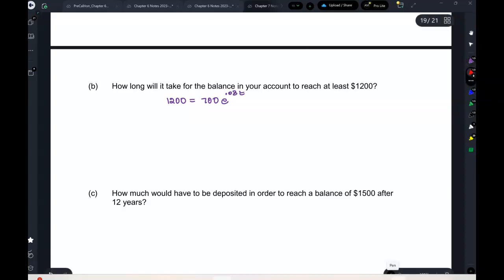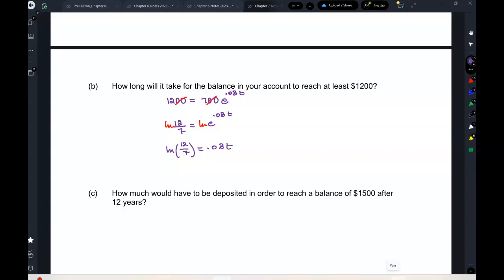Now you can always cancel out an equal number of zeros. We're going to divide by 7. So I get 12 over 7 equal to e to the 0.03t. So what do we do now? Take the logarithm. Log base what? ln, right? So I get ln of 12 over 7 equal to 0.03t.